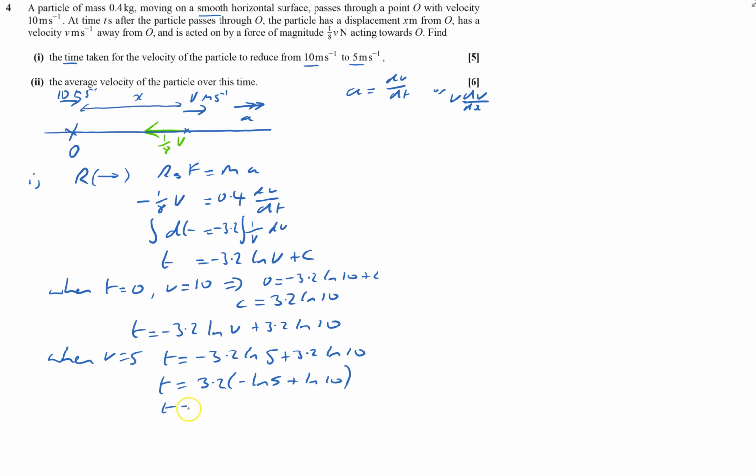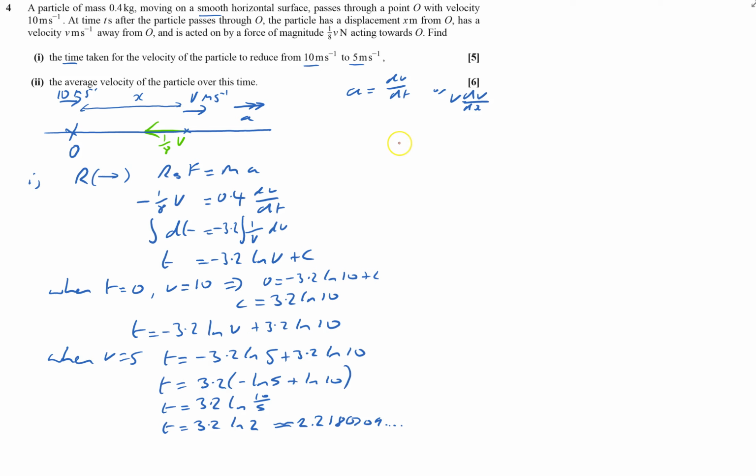That's the same as ln 10 minus ln 5, so it's going to be a divide, ln 10 over 5. So t equals 3.2 ln 2, and that approximately equals 2.2180709, etc. And that's the first part done.